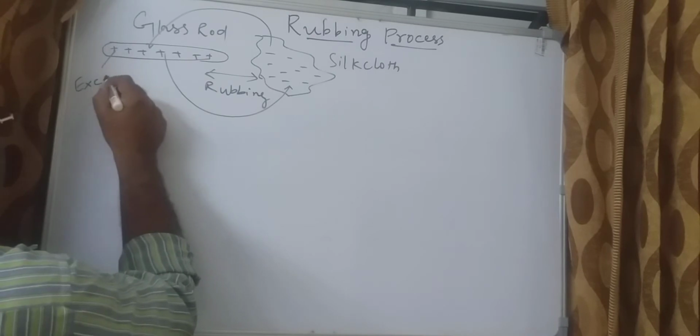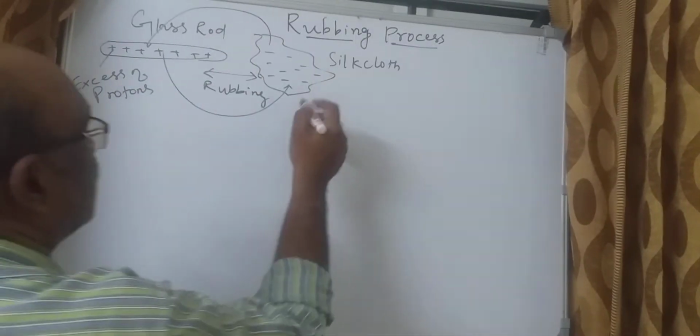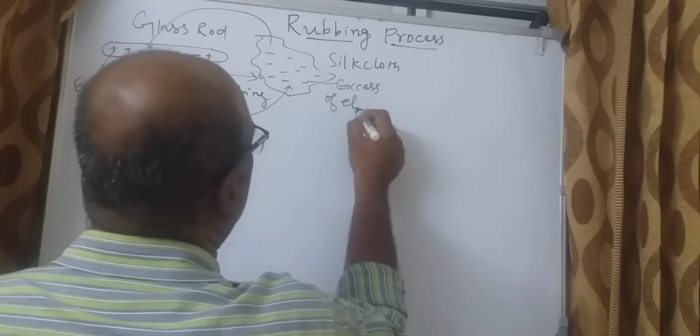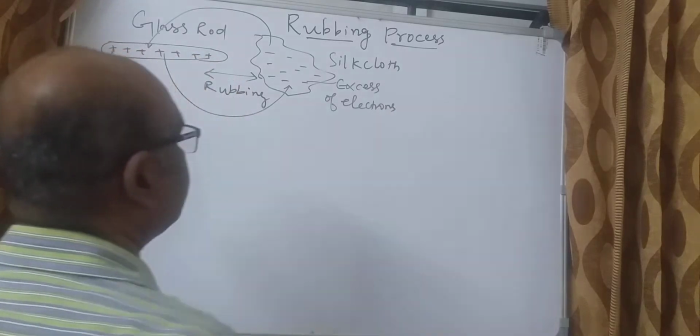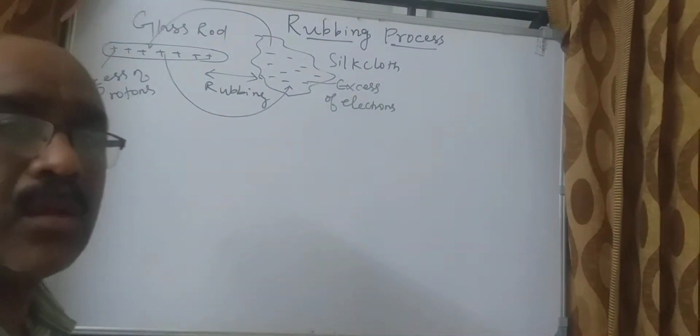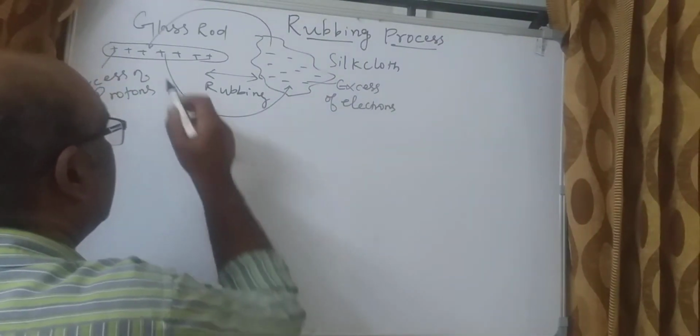Here the glass rod is with excess of protons, whereas the silk cloth is with excess of electrons. So excess electrons are present in the silk cloth, that is why it is negatively charged.